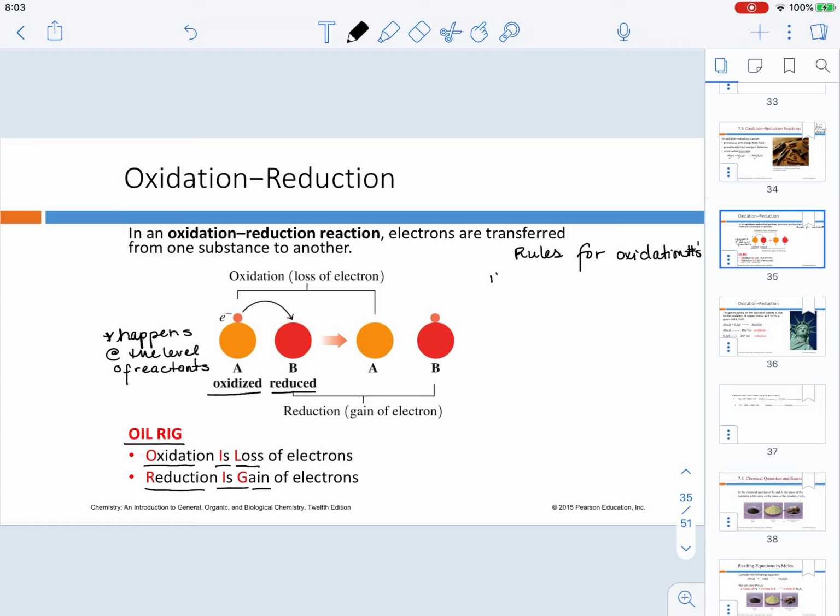Rule number 1: any element found in elemental form has an oxidation number of 0.